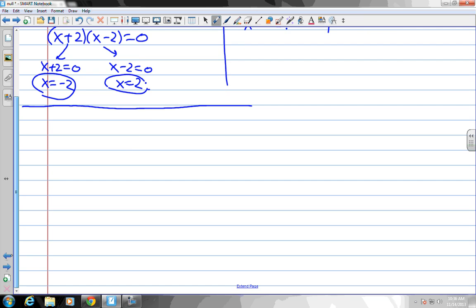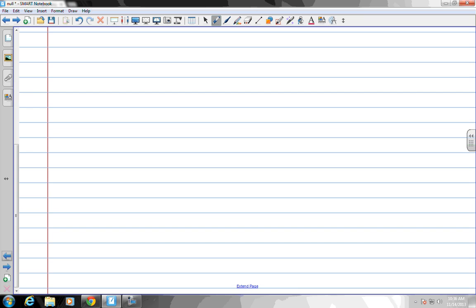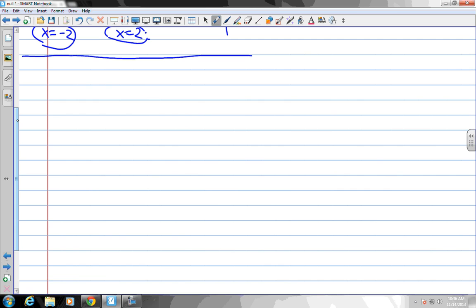So this is another technique, and I like to call it extracting the square root. And it works like that.